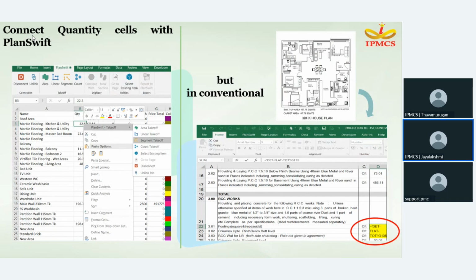Here we can directly link each and every cell with the PlanSwift takeoff, and the final quantity that we get from PlanSwift will be automatically reflected in Excel. Whenever there is a revision happening, that will also get reflected.